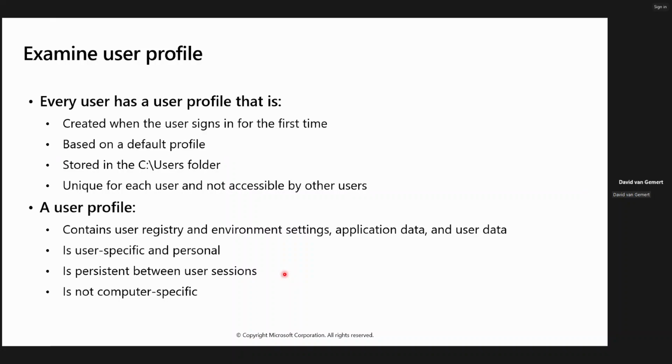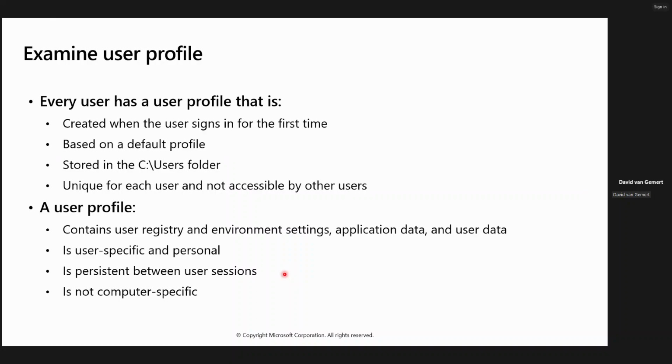Being not computer specific means that if you're using something like a roaming user profile, so we've just been talking about a standard user profile, which exists on the computer itself, but what we could do is create a roaming user profile. In the case of a roaming user profile, the user profile is copied to a server somewhere on the network when they log off, and when they log back in, we copy it from the server.